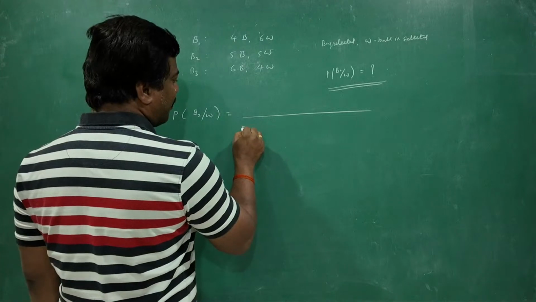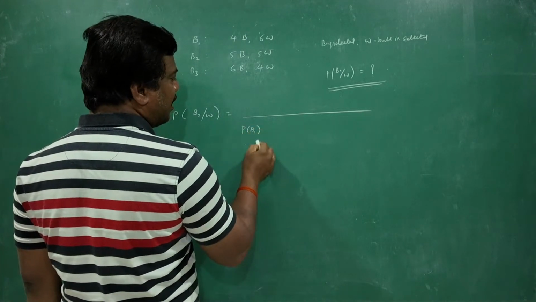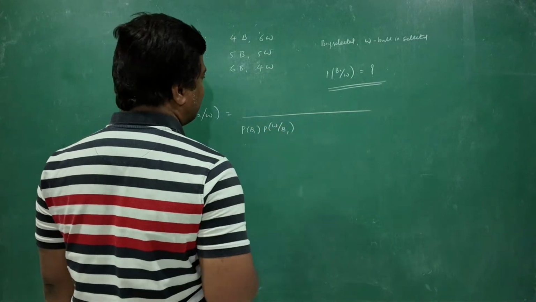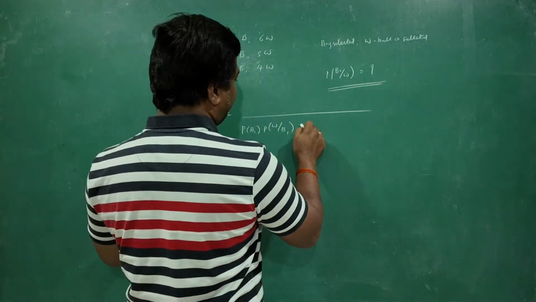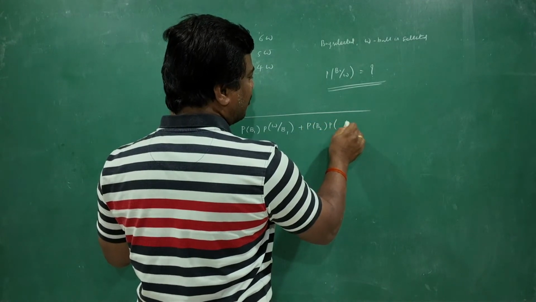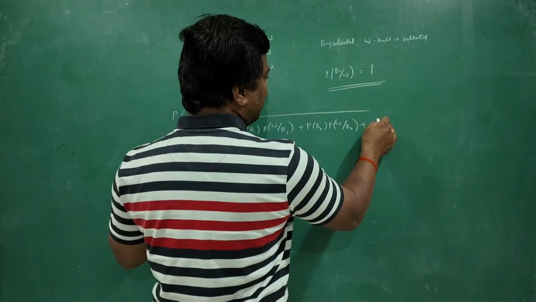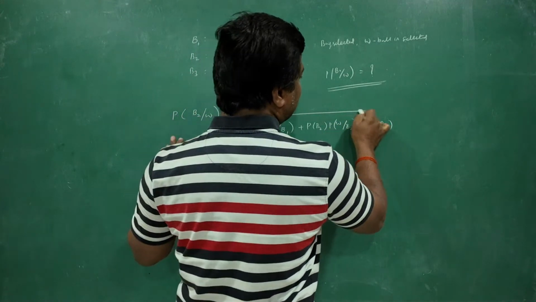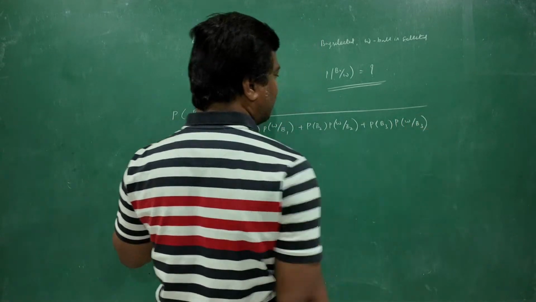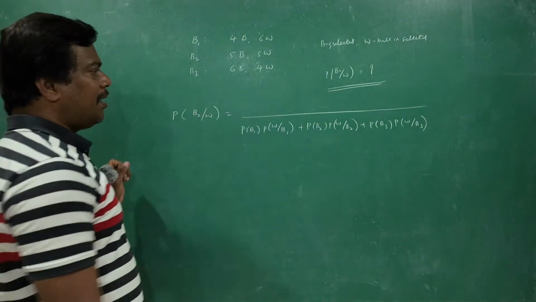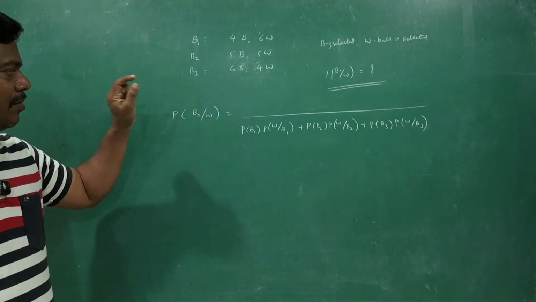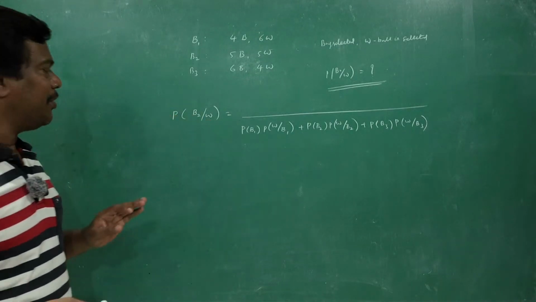First bag 1 is selected, and in that bag a white ball is drawn. Next bag 2 selected, and from bag 2 a white ball selected. Next the third bag selected such that from that a white ball is drawn. Okay, and the question is the probability that the selected white ball is from B2.